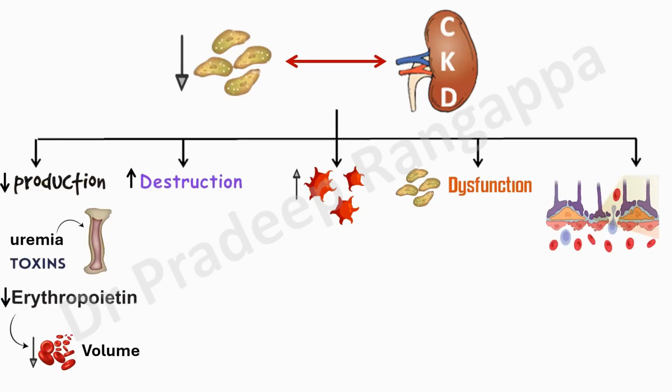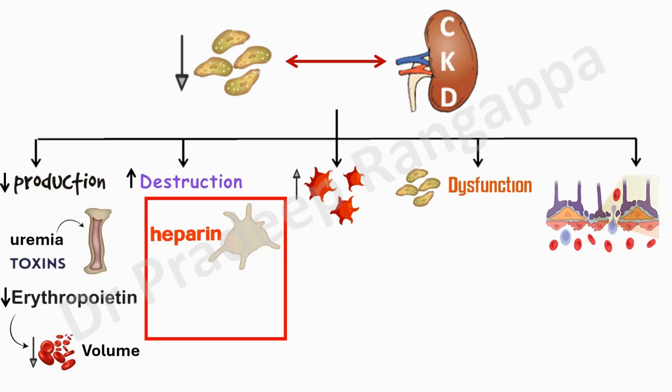And why increased destruction? Increased destruction is related to the etiological aspect of CKD. Especially when these patients are on heparin during dialysis, there is activation of the platelet. Because as I said, activated platelets are bad. When platelets get activated, they get destroyed. And sometimes antibiotics can cause thrombocytopenia.